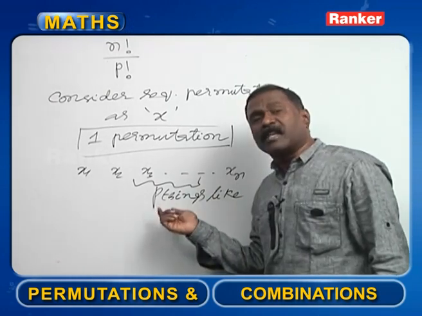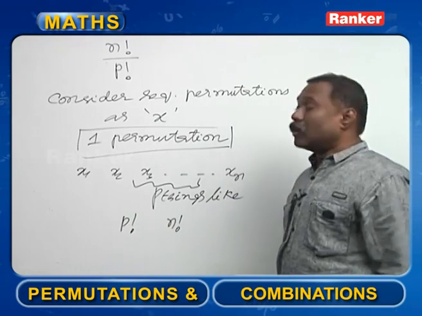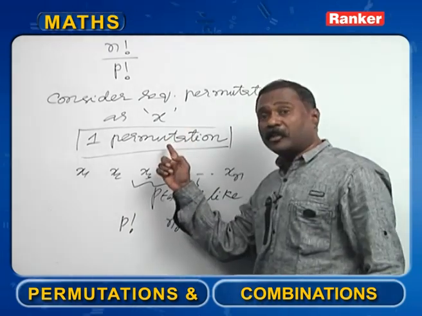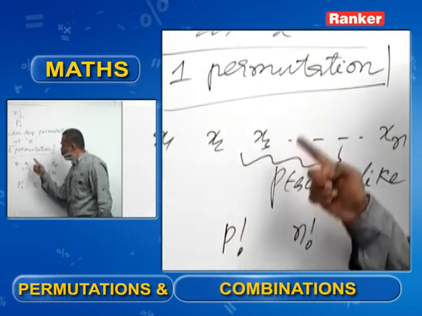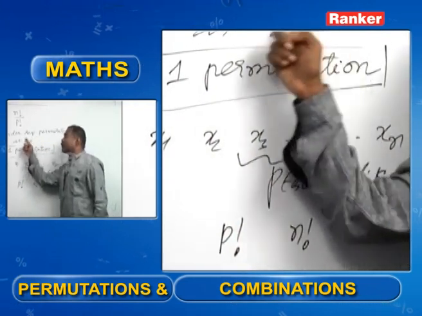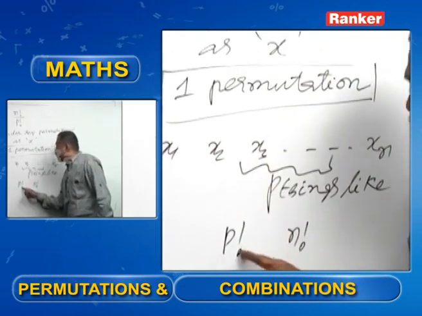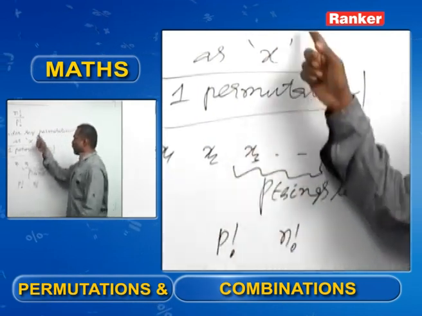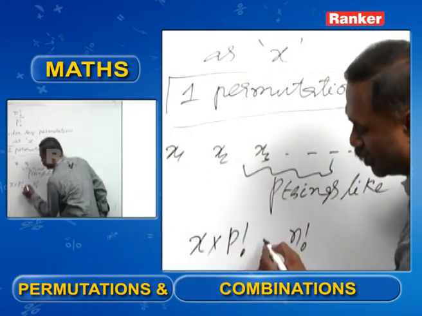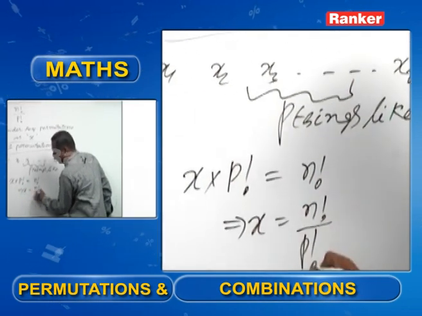Now these p things among themselves can be arranged in how many different ways? P factorial different ways. Now understand, for one permutation, P factorial different permutations you are getting. But totally x permutations are there. So for 1 it is p factorial, for 2 it is 2 into p factorial, for x it is x into p factorial, which equals n factorial, implies x is equal to n factorial upon p factorial.